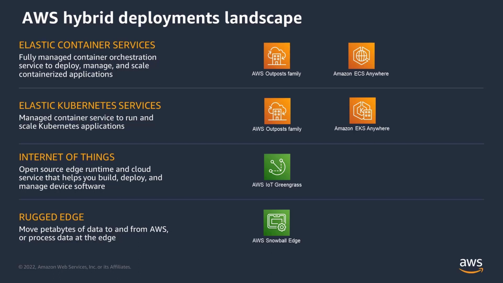If you're running applications that are closer to the IoT use case, another service very useful for containers is AWS IoT Greengrass. And then if you're running data management, storage, or processing on the rugged edge, you can look at the AWS Snowball family for services and hardware that you can use from AWS.